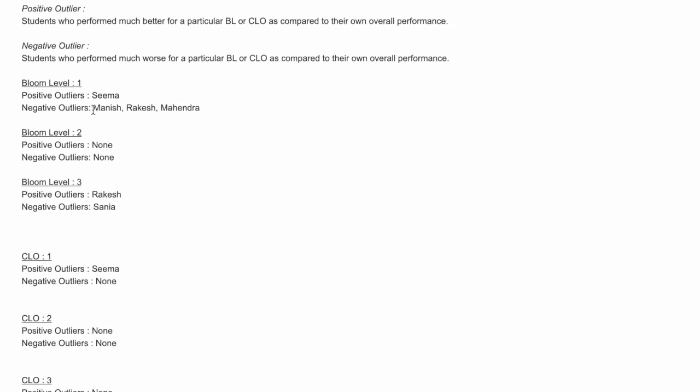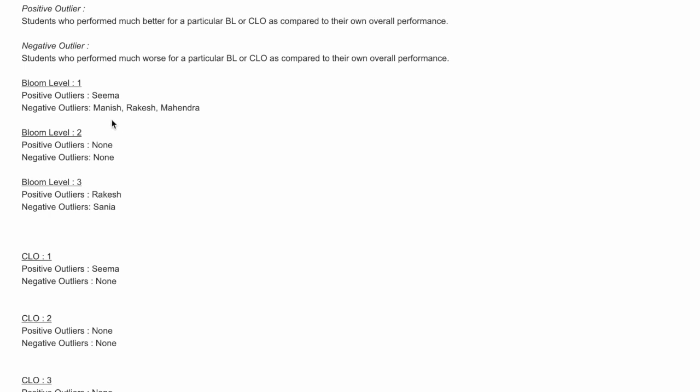So let's say, for example, there is a girl called Seema in your class whose performance in Bloom level 1 is a positive outlier, meaning if you take her overall performance and if you take her Bloom level 1 performance, you will find that her Bloom level 1 performance is much better than her overall performance, which means that she has an excellent memory, and maybe if she gets some help in applying and analyzing things, then she may be able to do better.